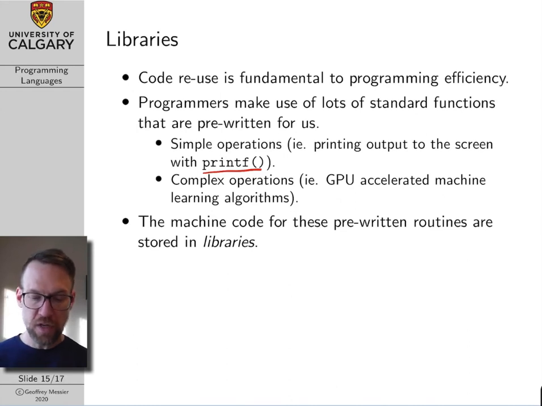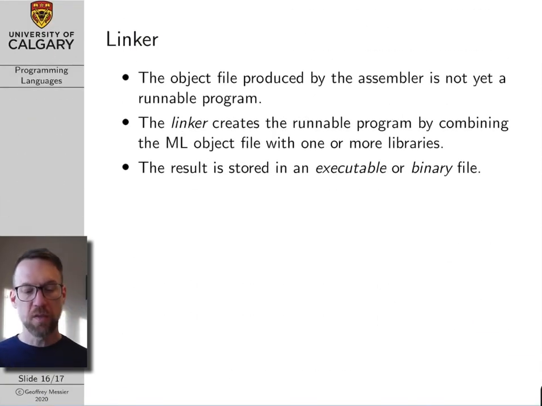And the machine code for all of these pre-written routines is stored in special files called libraries. And the purpose of the linker, the final stage in our tool chain, is to basically take the object file that contains the machine language of the code that we've written and connect it to machine language instructions that exist in libraries in order to produce our final executable file that can actually run as a completely atomic program on our processor.